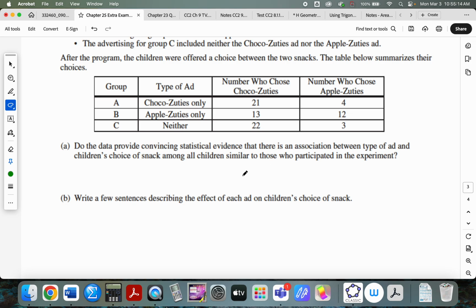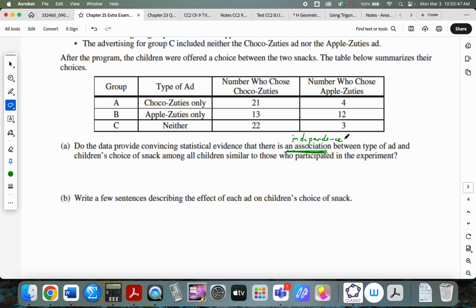So on this one, it says, do the data provide convincing statistical evidence that there is an association? Anytime you see this thing about an association, that's going to be a chi-square test for independence. Independence is the one where it's like the same population as two separate groups, right? No, two separate groups is homogeneity.